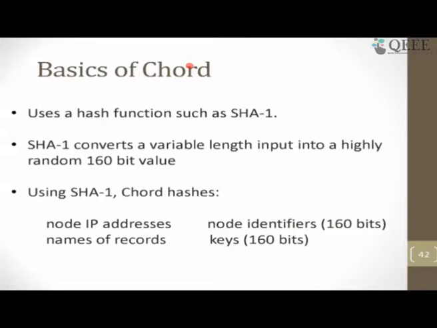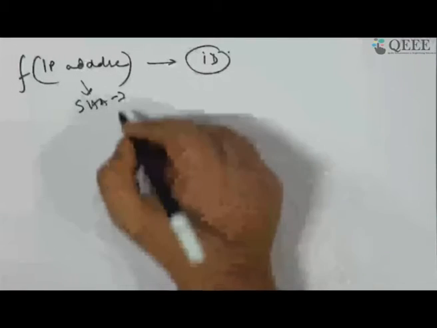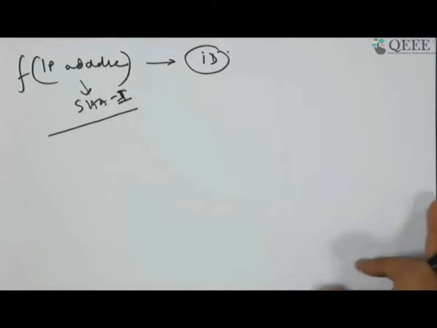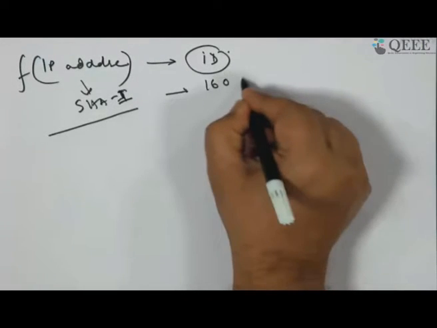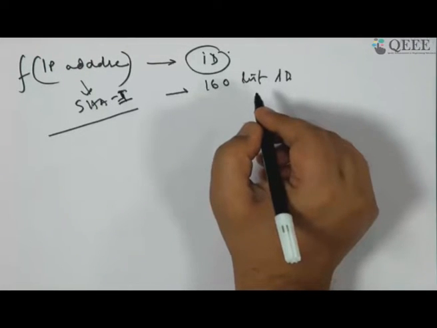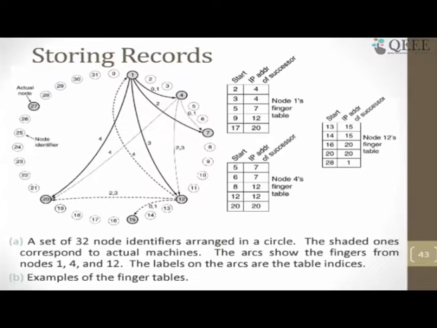Some SHA-1 sort of hash function. It's a 160-bit ID you get. So this is how technically every IP produces an ID.